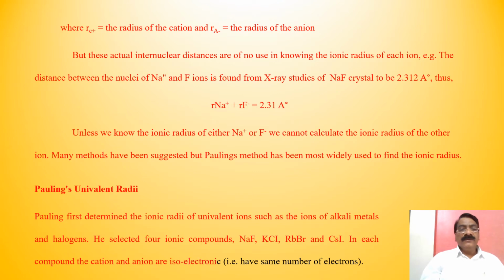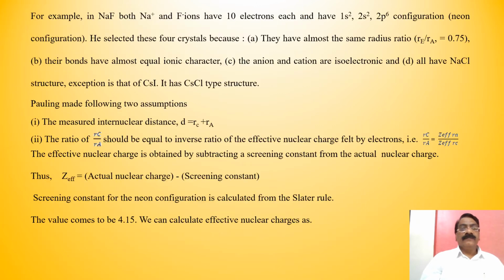In each compound, the cation and anions are isoelectronic, that is they have the same number of electrons. For example, in NaF, both Na+ and F- ions have 10 electrons each and have 1s2, 2s2, 2p6 configuration, that is neon configuration.